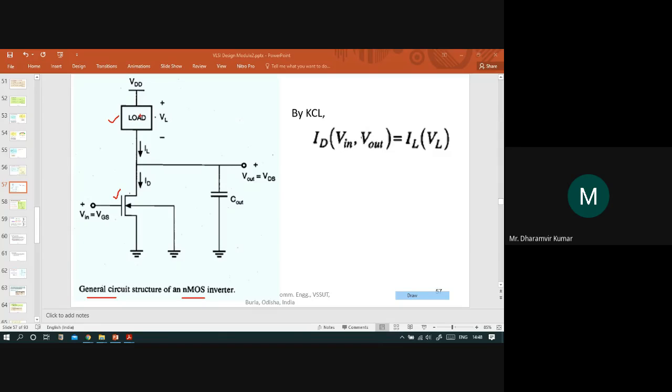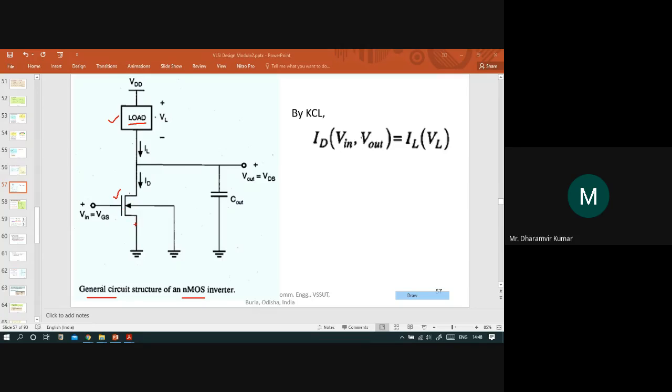So let's assume for the time being that this is simply a load. We are not defining specifically what kind of load it is, but this is a circuit element that is connected between VDD, the power supply, and this point. And this is the NMOS.